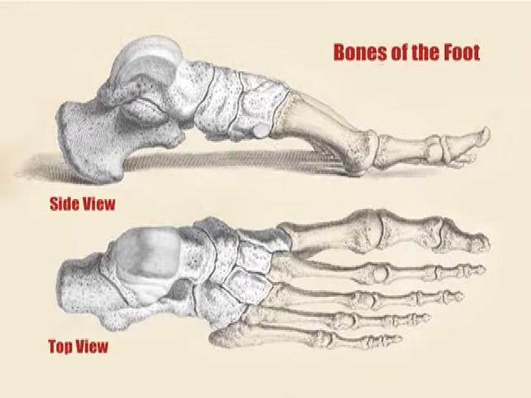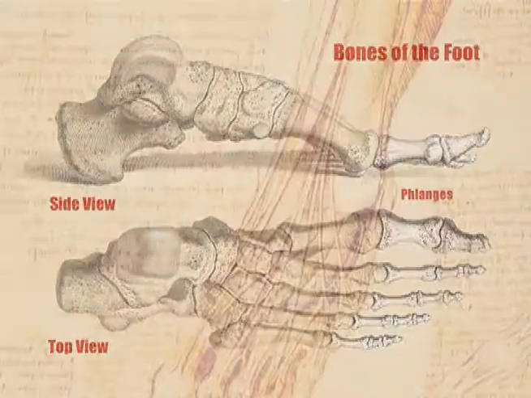The tarsal bones are related to the carpal or wrist bones of the hand. There are 5 metatarsal bones, which form the instep, and can be equated to the metacarpal bones of the palm. And finally, there are the phalanges, or bones of the toes, which number 2 for the big toe, and 3 each for the other 4 smaller toes.